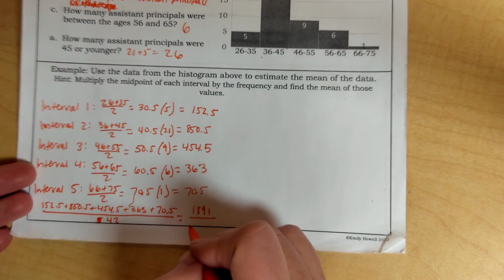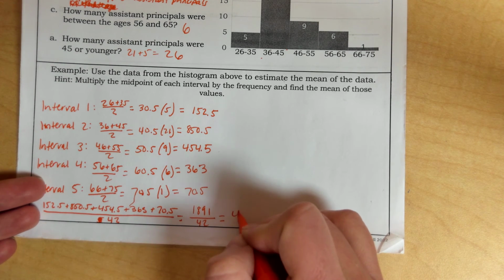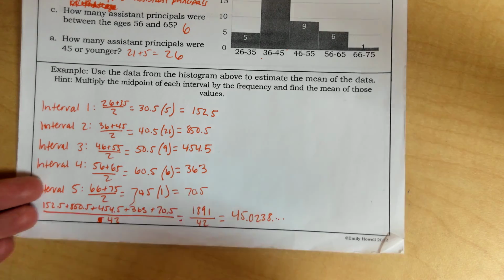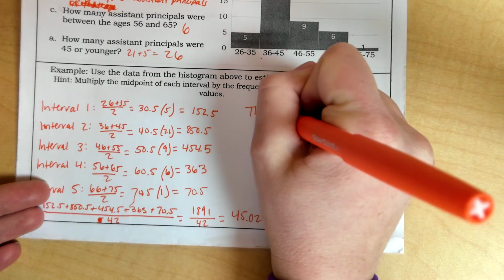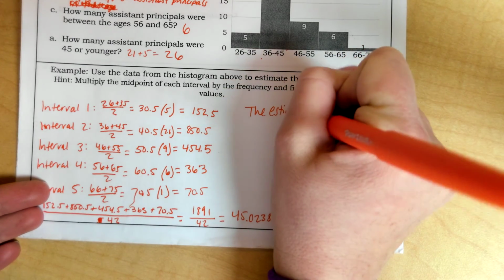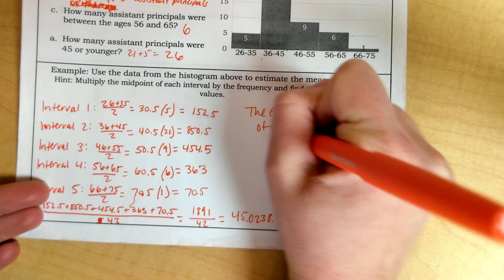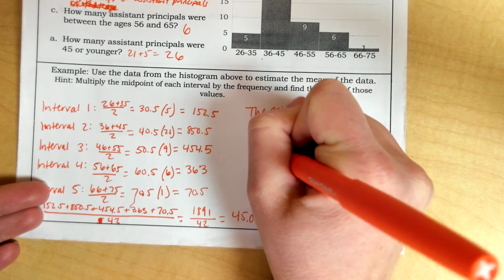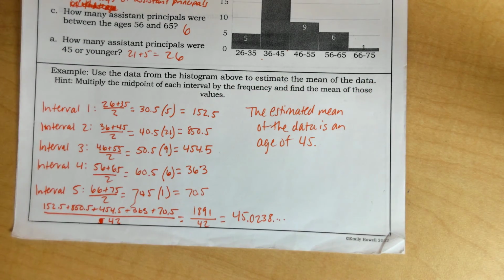When I divide that 1891 by 42, I get a value of 45.0238 and so on. So the estimated mean of the data is an age of 45 years old.